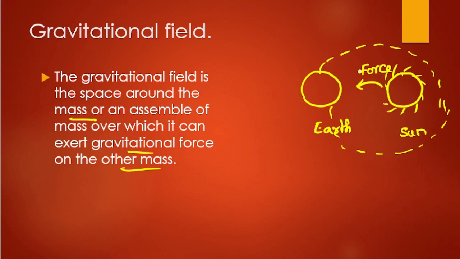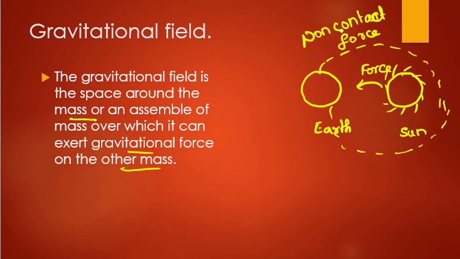This force is called a non-contact force. Why is it called a non-contact force? It is called a non-contact force because the earth and sun are not coming in contact with each other. They are not colliding with each other to produce any force. They are just producing the force in a non-contact way. So the sun is exerting some force on earth, so the earth is just held in that place.